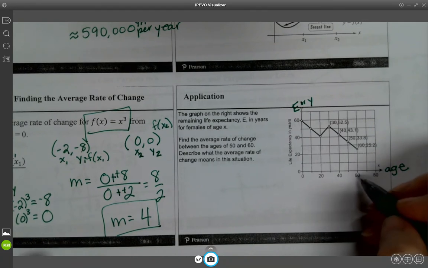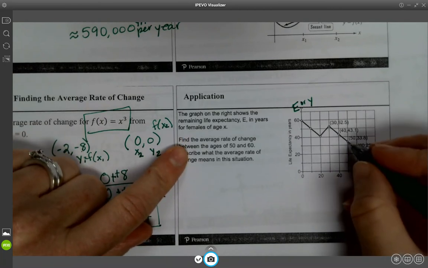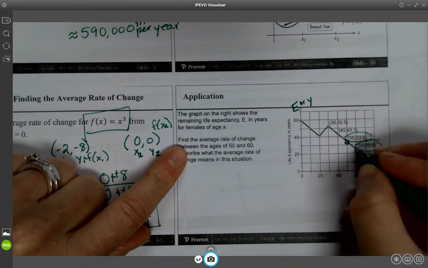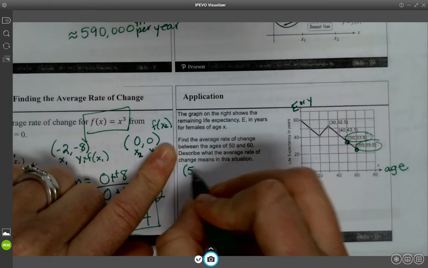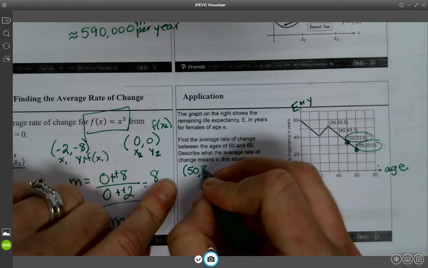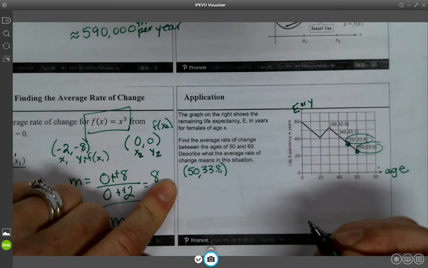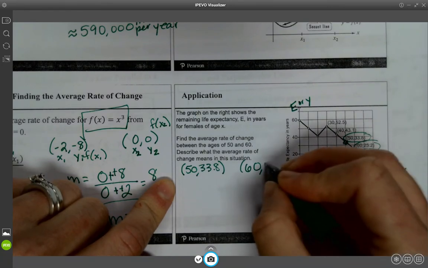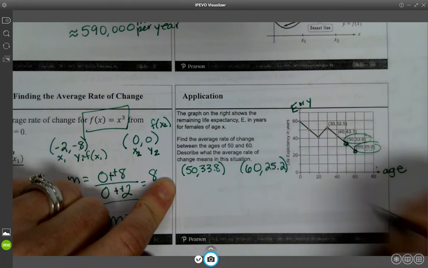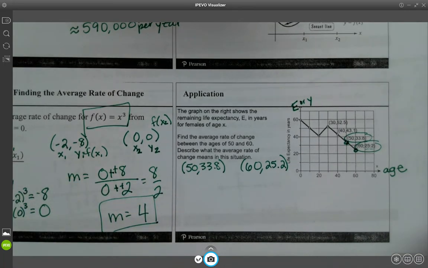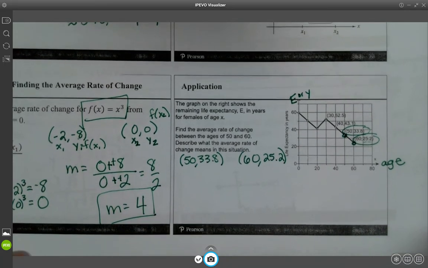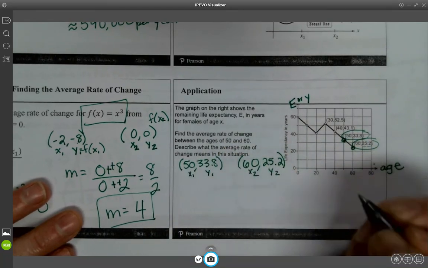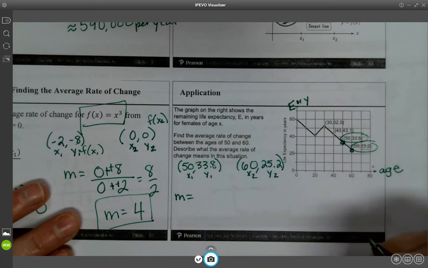So let's see, we have find the average rate between 50. So it's right here. Here are our 2 coordinates. These 2. So we have 50, 33.8. And then we have 60. And this is 25.2. So if we want to find the slope or average rate of change, we're going to find x1, y1, x2, y2. Use our formula. It's y2 minus y1.